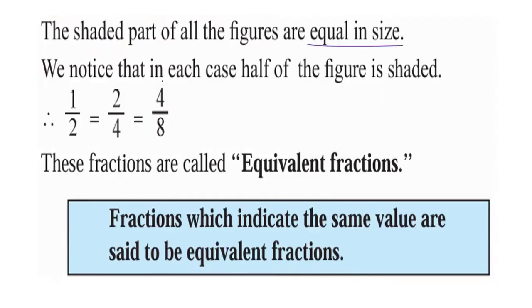We notice that in each case, half of the figure is shaded. Therefore, 1 by 2 is equal to 2 by 4 is equal to 4 by 8. These fractions are called equivalent fractions.